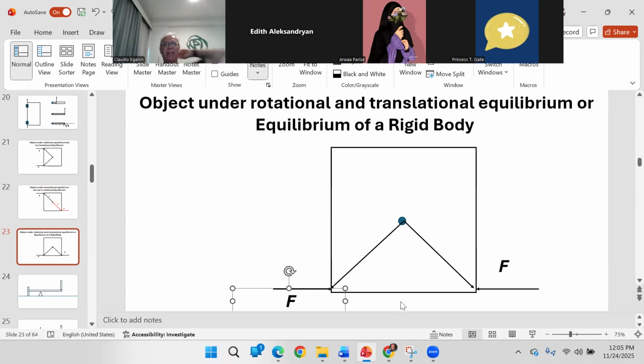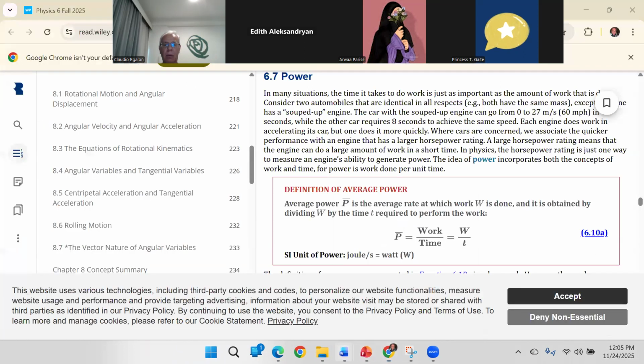Do you see the difference here? Keep that in mind. An object may have a net force equal to zero, but it may not be in rotational equilibrium. So, going back to our notes here.